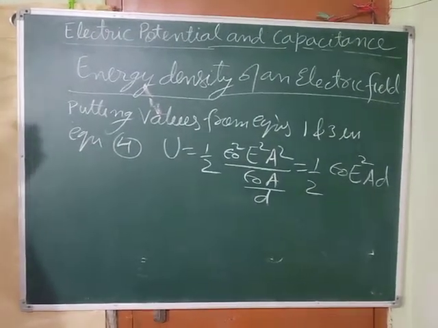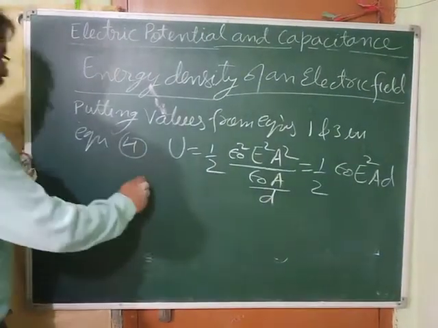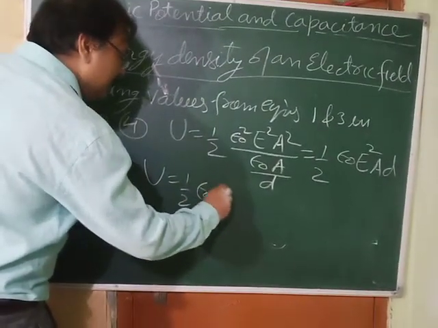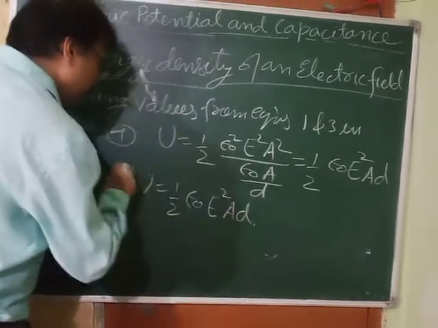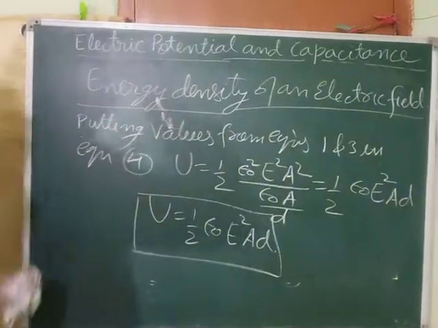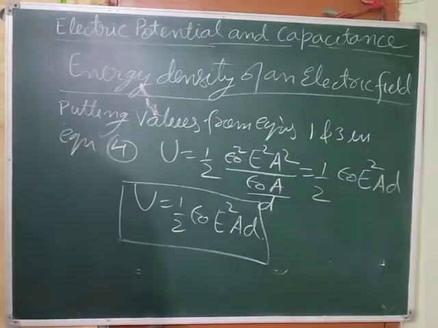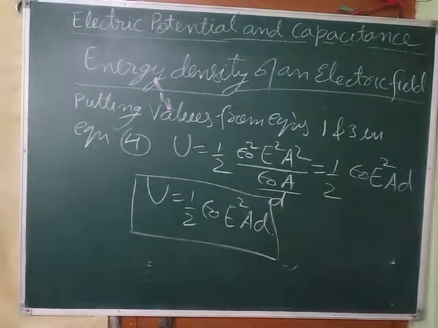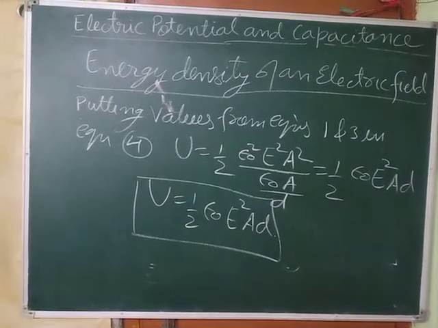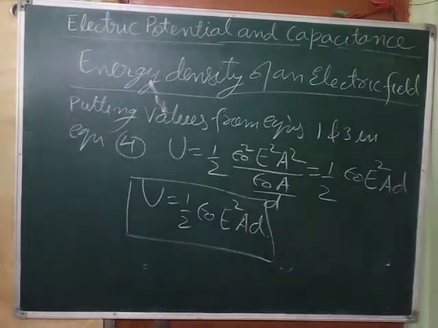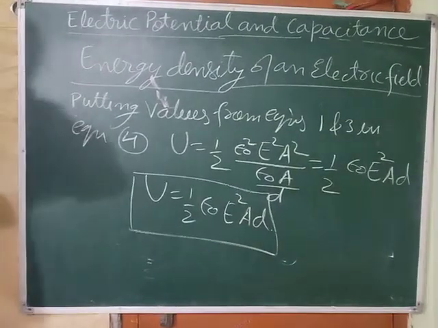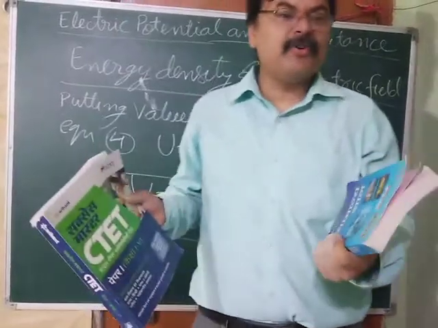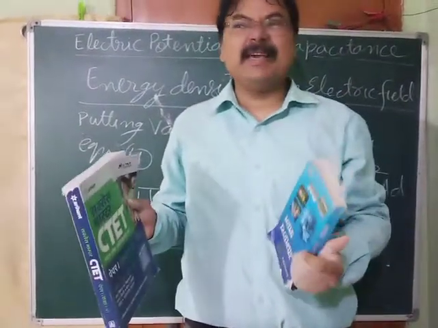Now just tell me what is AD? This U we have got, that is half epsilon naught E square AD. Now just try to visualize this AD. How can you visualize that AD? Suppose these are two plates, although they are not of the same area, but suppose they are of the same area.